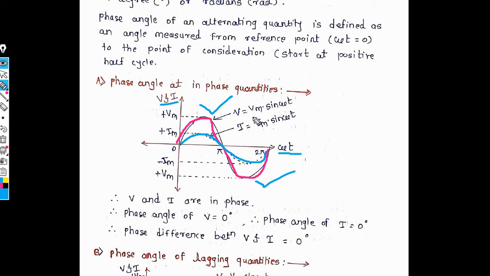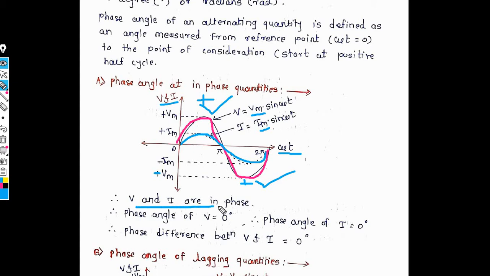This is the maximum value of the voltage, Vm. Im is the maximum value of current. Same for the negative side: negative Vm and minus Im. These are the negative half cycle.